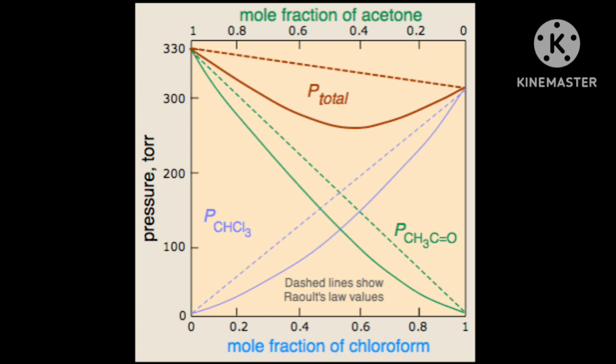Then here you can see what will happen. Many A molecules are there, so they themselves will interact. They will interact among themselves. And all B molecules also will interact among themselves.